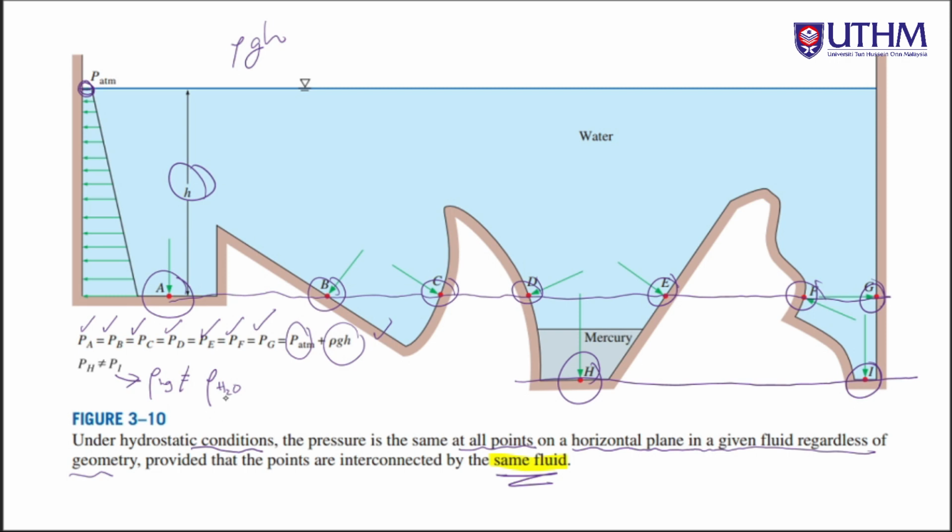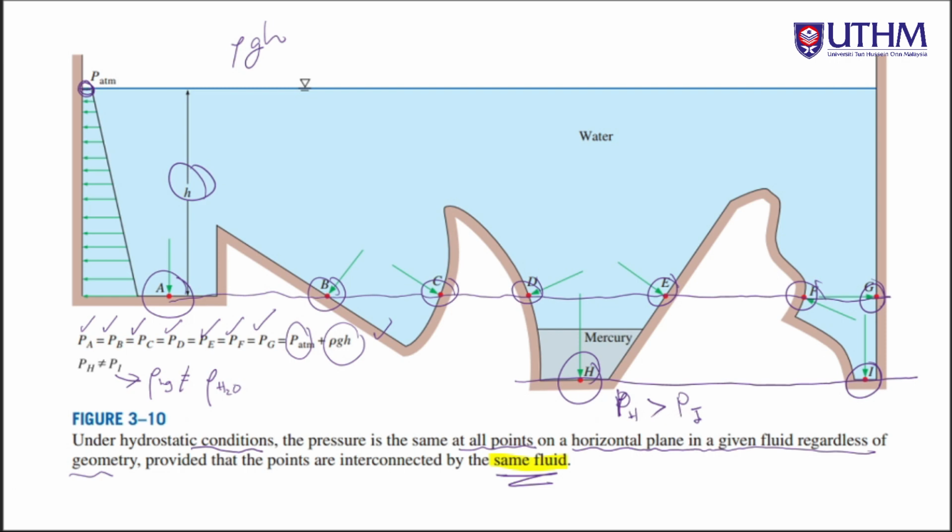So kalau kat sini kita boleh assume that the rho H should be higher than rho I, even though they are on the same horizontal plane. Okay, because the fluid properties is different, and thus the density is different.